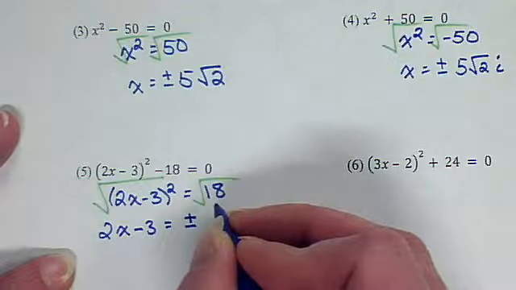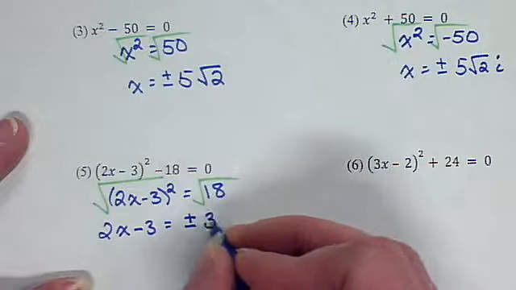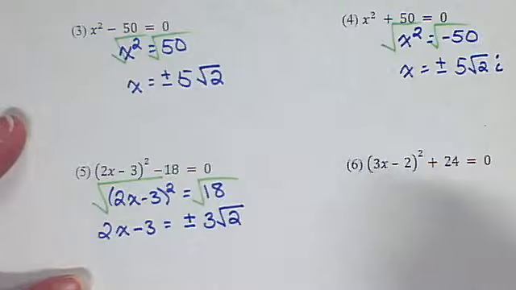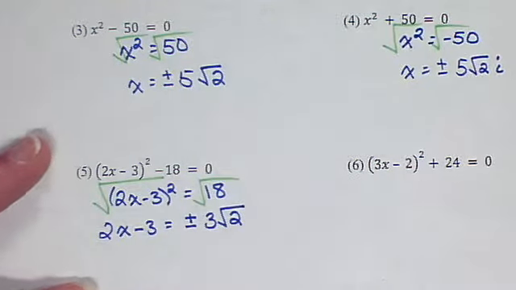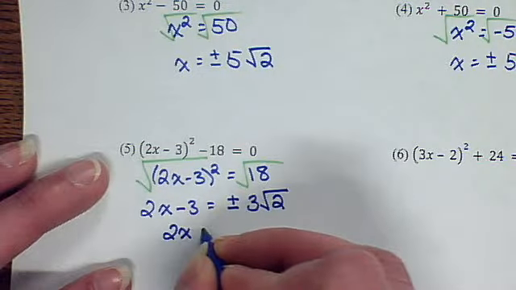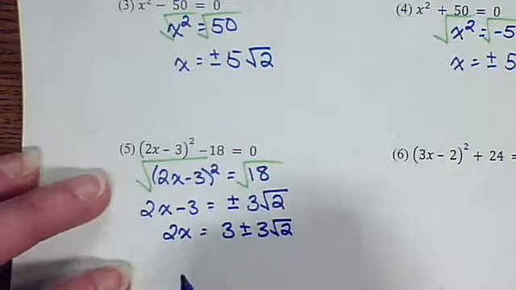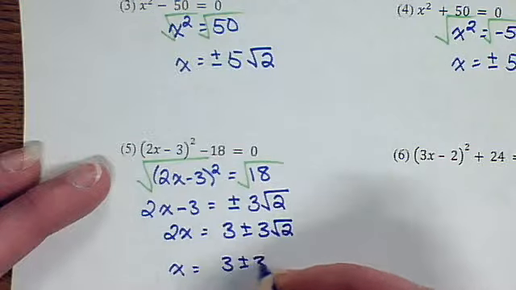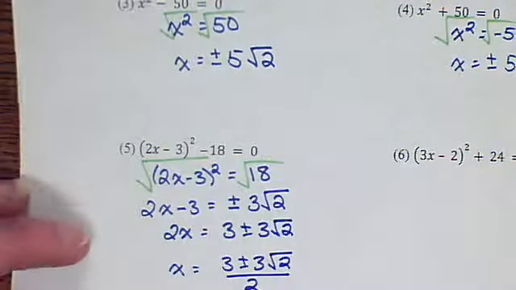And then the square root of 18, that's 9 times 2, so 3 root 2. Ooh, now let's see what I can do. Still trying to get x by itself. Could I add 3 to both sides? Sure. So that's 3 plus or minus 3 root 2. And then divide by 2? Sure. Why not? Nice.